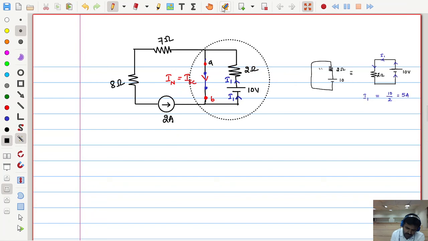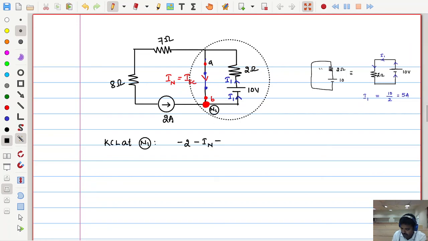Now with that knowledge can I apply Kirchhoff's current law at node B, where I am putting the big dot? KCL at, let me call this some node N1. One side is 2 amperes, so minus 2. One more is the Norton's current, which is also entering, so minus IN.